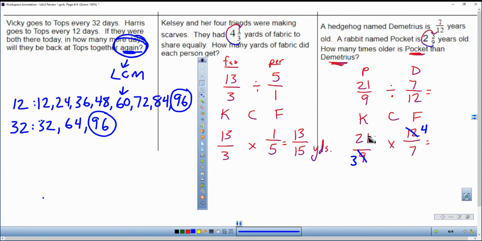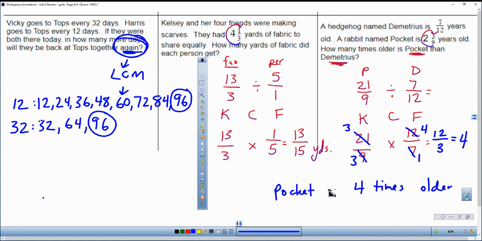Well, it should be 7. 21 divided by 7 is 3. 7 divided by 7 is 1. 3 times 4 is 12. 3 times 1 is 3. 12 divided by 3 is 4. Pocket is 4 times older. Good old Pocket.